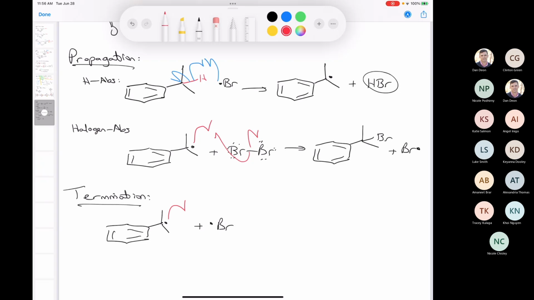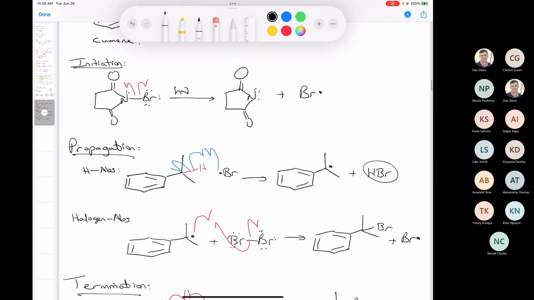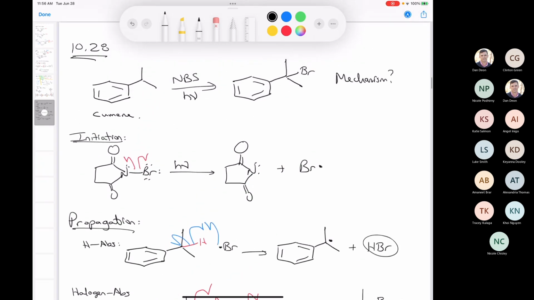And then those are going to come together, just like the Beatles said, and they're going to make more of the only organic product you get from the benzylic bromination. So there you go. That's the mechanism of bromination using NBS, the initiation, propagation, and termination steps.